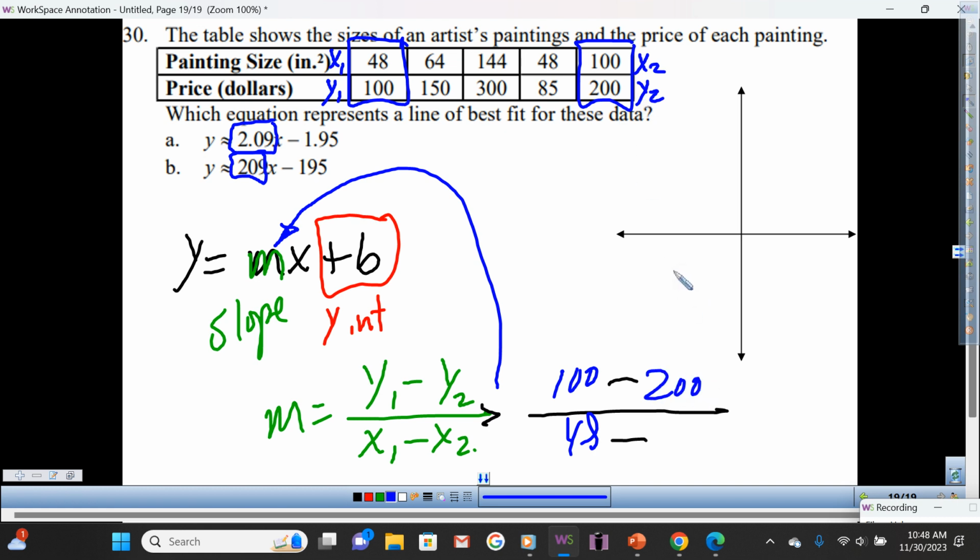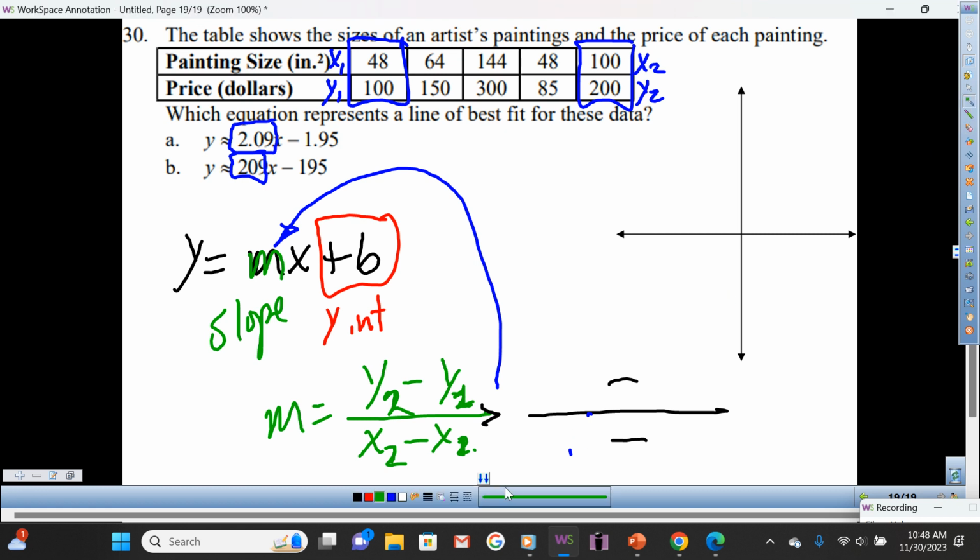Yes? Oh yeah, my bad. Y sub 2 minus y sub 1, x sub 2 minus x sub 1. Thank you, Alec. I did that to see if you were paying attention.